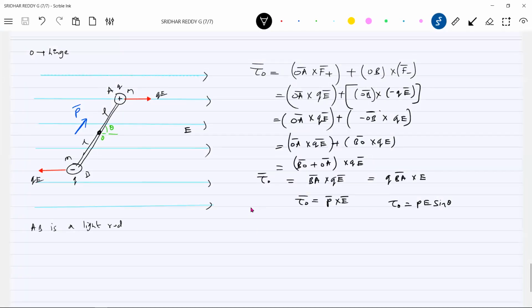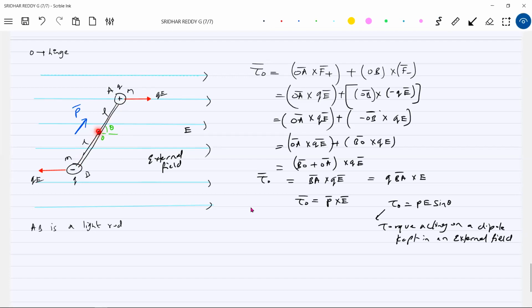So then we have a formula, there's a torque acting on a dipole kept in an external field. What is that E bar? E bar is an external field. Who will produce it? A non-conducting charge sheet or some charged body, let's not bother. In that particular external field, I am going to bring a dipole.